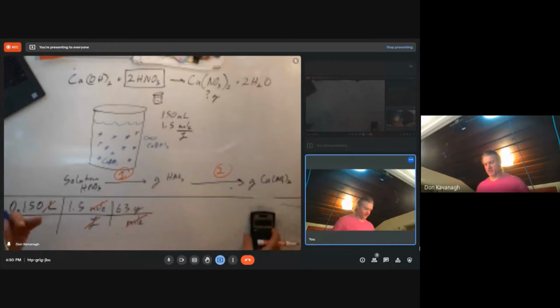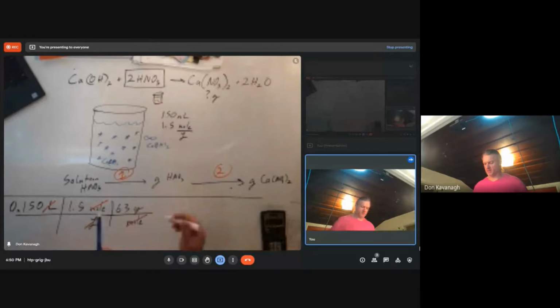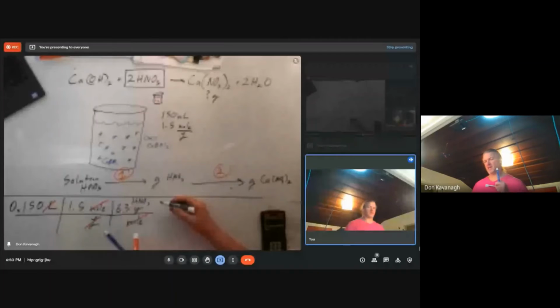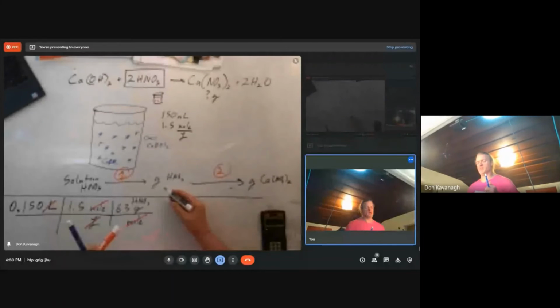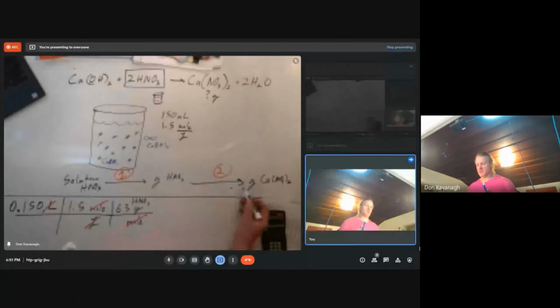I could punch this out right now and solve for the grams of HNO3, but it's not my final answer. I could pick up my calculator and get the number, but I don't. I can continue to build this scaffold based off of this one right here.